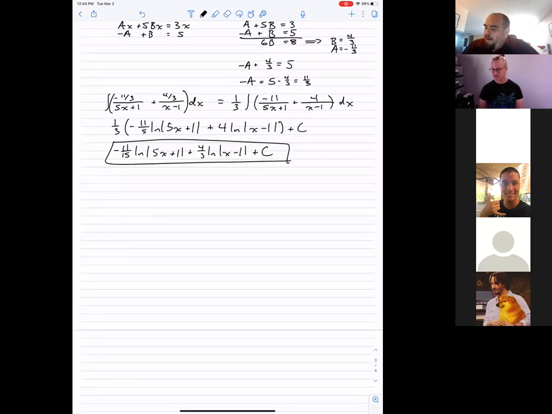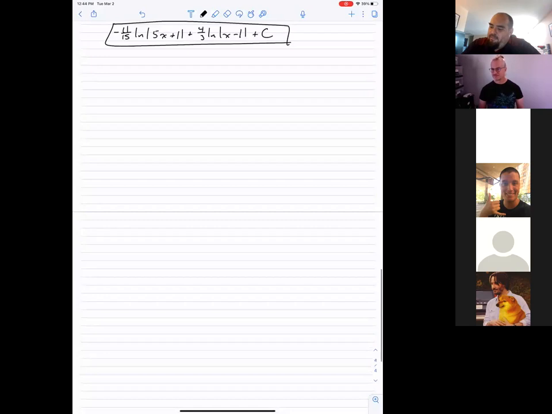Right. All right. So I got a couple of questions here from D that I really want to bring up because I think it's important. We're not going to do this one because I'm not even sure if it'll work. But let's say I have something like 3x plus 2 over something you can't factor like x squared plus 4. I guess that wouldn't make sense because then you can't break it down. So x times x plus 4, x squared plus 4.